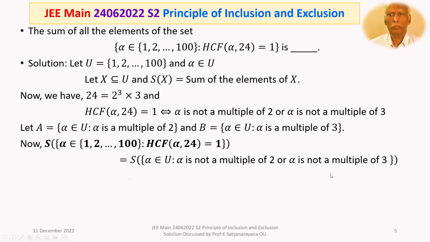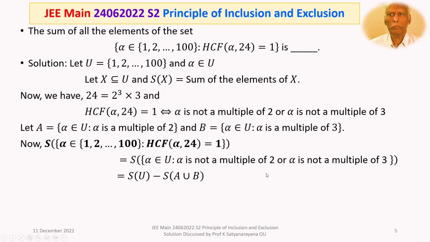That is written as S of U minus the sum of all those elements which are in A union B, that is multiples of 2 or multiples of 3, because we must exclude them.